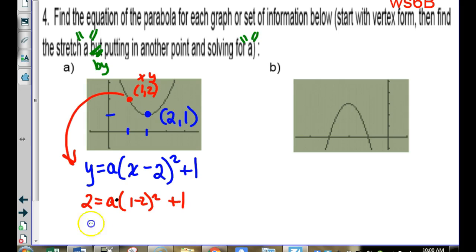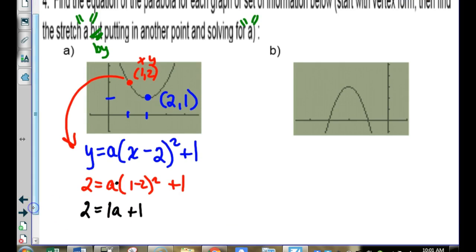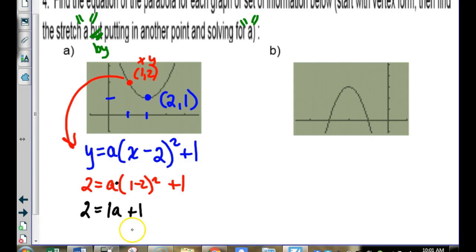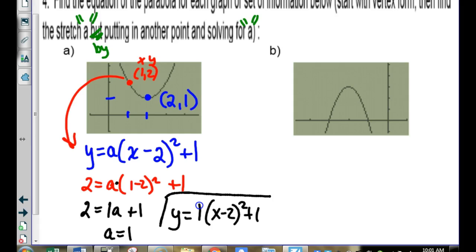So don't do anything with that 1 yet. 1 minus 2 is -1, but when you square it, you get what? So we have 1a plus 1. This one's pretty tricky. If we subtract, we just get what? We subtract 1 from each side, we get 1a equals 1, or a is 1. So there really was no stretch here. It was 1x minus 2 squared plus 1 was the equation of the parabola, and you don't have to have the 1 out front.